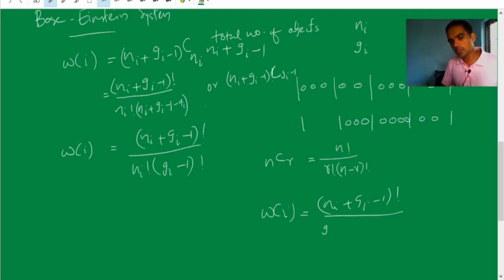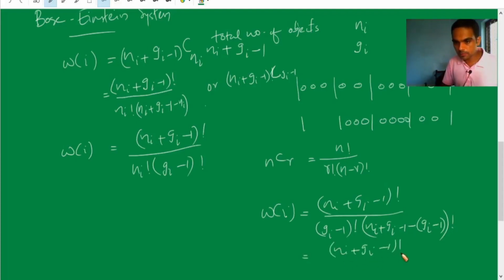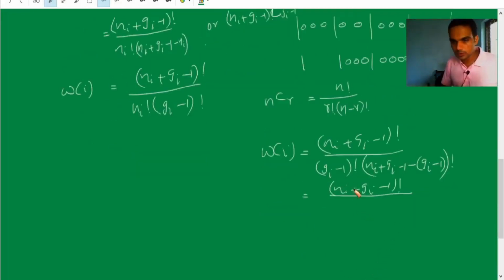Okay, so Gi minus 1 factorial into Ni plus Gi minus 1 minus Gi minus 1 factorial, which is equal to Ni plus Gi minus 1 factorial divided by Gi minus 1 factorial, Ni factorial. Okay, so this is similar to this, both are same.